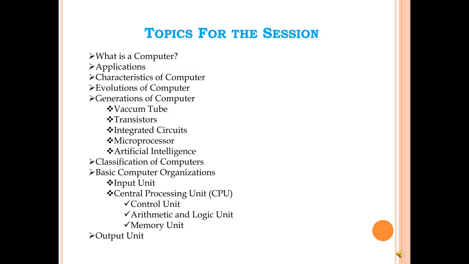Then classifications of computer, how the computers got classified. Then we have the basic computer organization, in which you can find the input, central processing unit, that is CPU, and output unit. We call it the IPO cycle. So let's get started with today's topics.